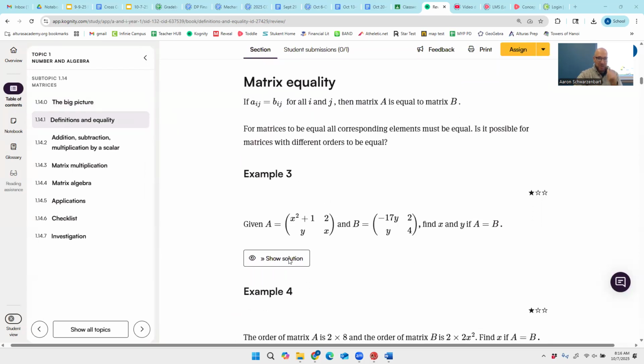Okay, matrix equality. So we can find X and Y by writing equations here. X squared plus 1 equals -17y. 2 does equal 2 here. Y does equal y. Those aren't particularly helpful. But this one is really helpful. X equals 4. So now I can plug that in. 4 squared plus 1 equals -17y.